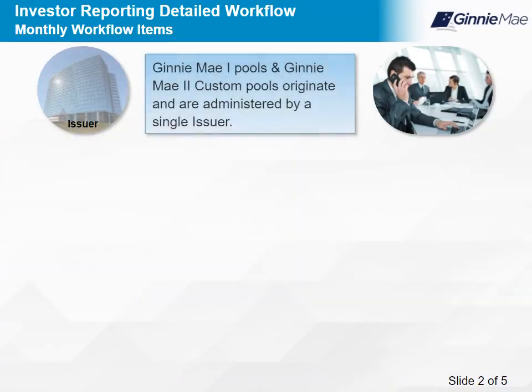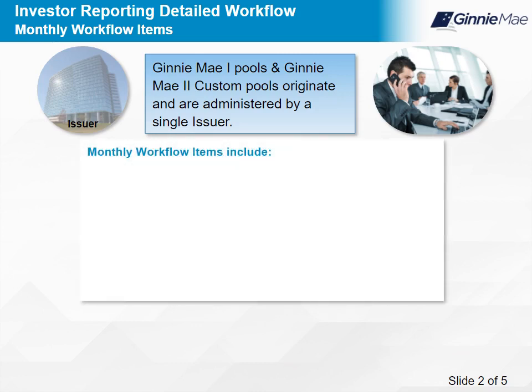Ginnie Mae 1 pools and Ginnie Mae 2 custom pools originate and are administered by a single issuer. Each month, the issuer has the responsibility for the following workflow reporting items. The P&I custodial accounts and the tax and insurance (T&I) custodial accounts must be reconciled within 30 days of the previous month's cutoff date.